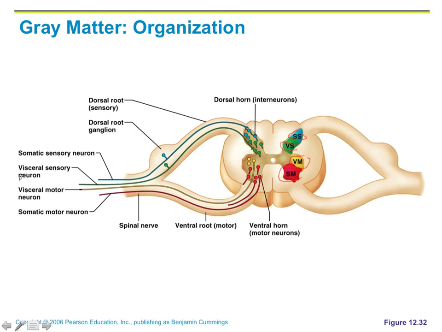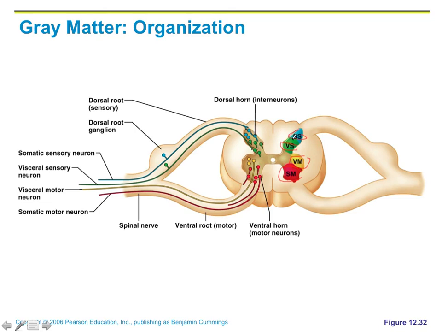The visceral sensory neurons are marked in green. Since these are sensory neurons, they are in the posterior part of the horn.